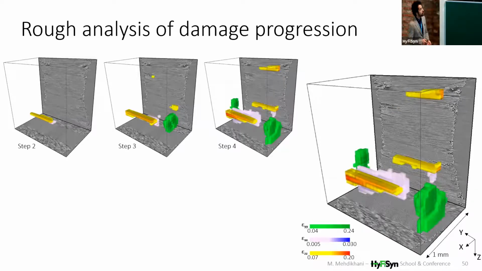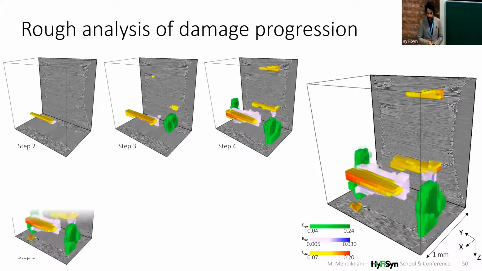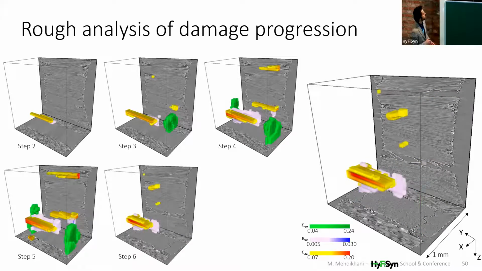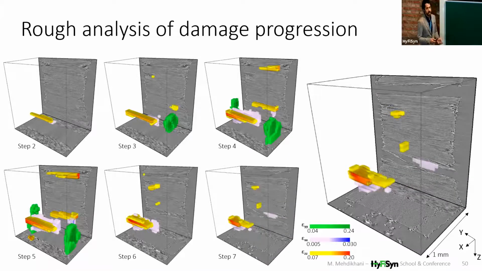Going on, we can see that two other transverse cracks form at the other transverse ply, and so on, until a moment that we see that the damage in general is disappearing, which is not in reality the case. But it's just because, as I already mentioned, once the crack becomes larger than your analysis grid, it's not able to follow it anymore.